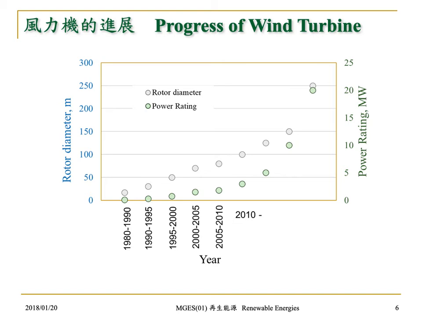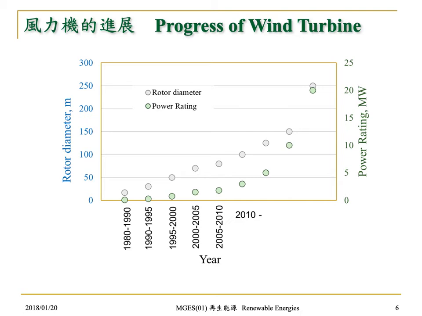Wind turbine development started in the 1970s, from small wind turbines gradually increasing in size. Nowadays, the rotor diameter may go all the way to 250 meters. It's very large, maybe bigger than a football field.